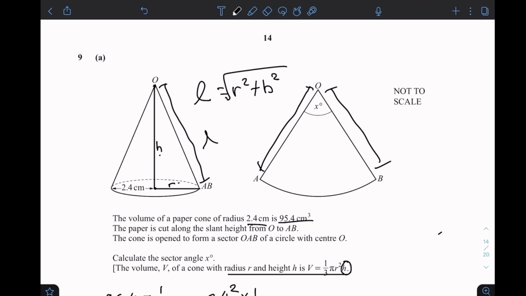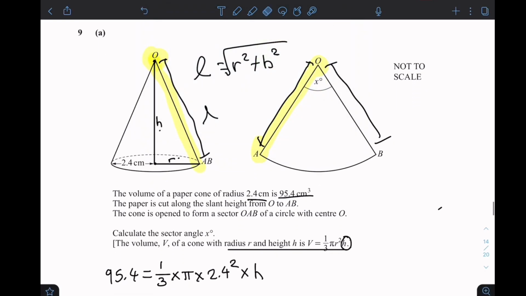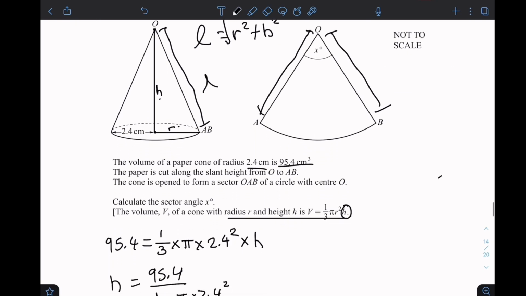From this starting point, it goes to one of the corners, and that's actually the slant height of the cone. So using the slant height, we can figure out OA, which acts like the radius in this case, because then we can find the angle using the arc length formula, right?